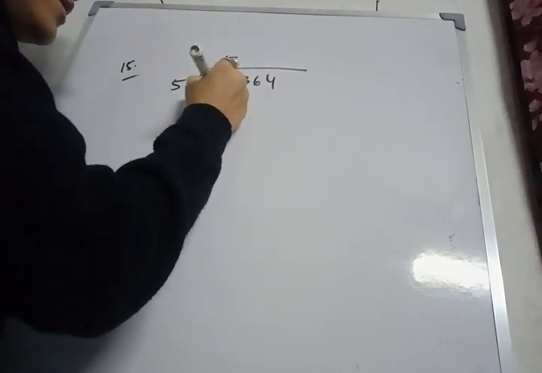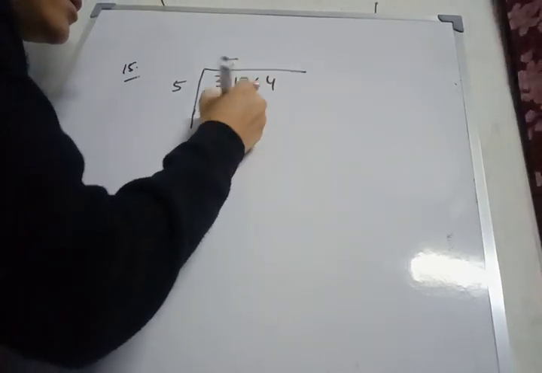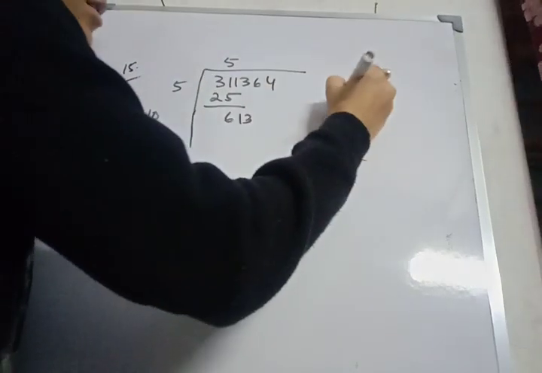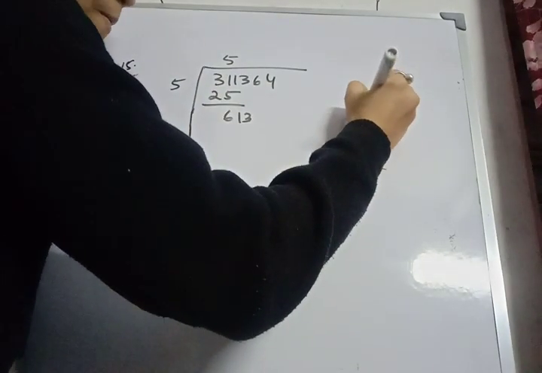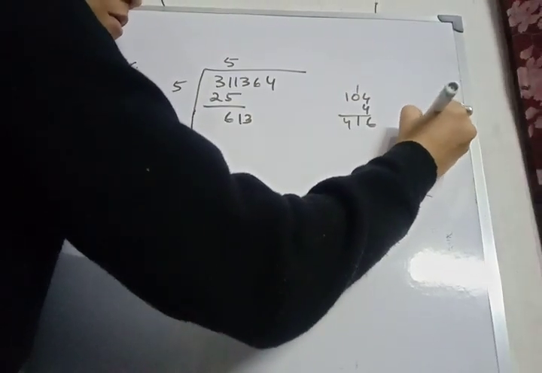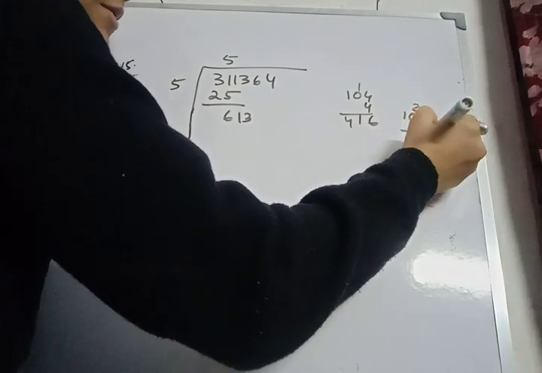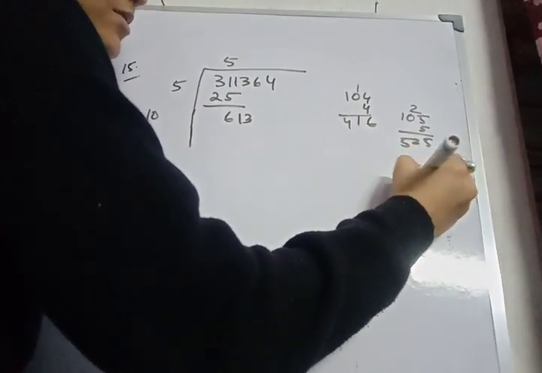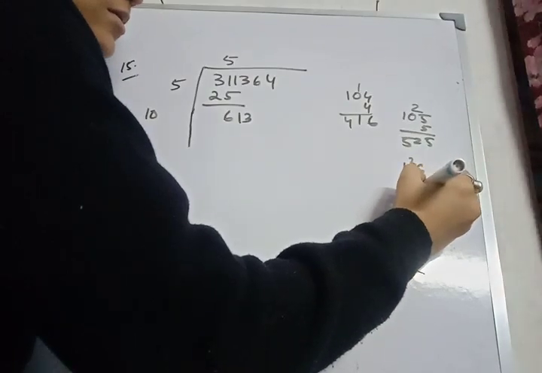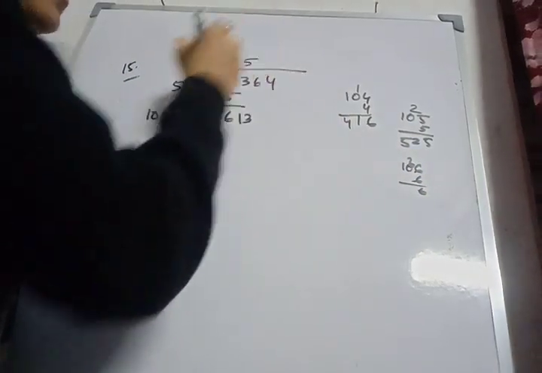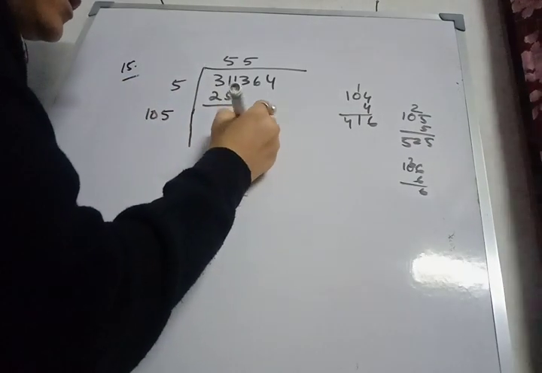Five fives are 25, 613, 10. So 104, 5, 20. So I think we'll go 106. So 105, 5, sir. 525.